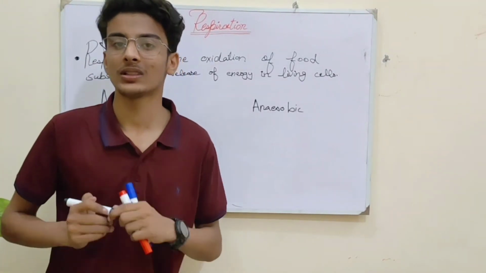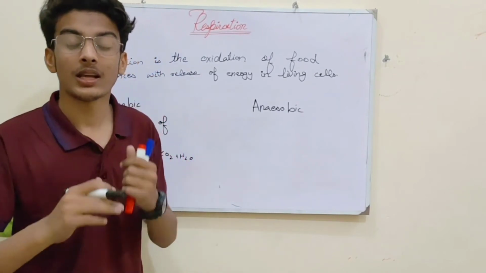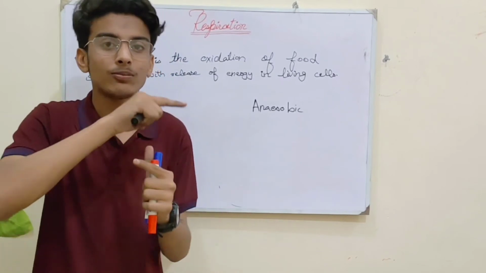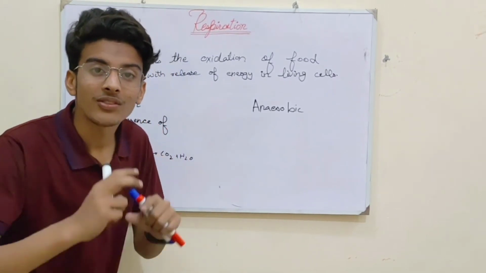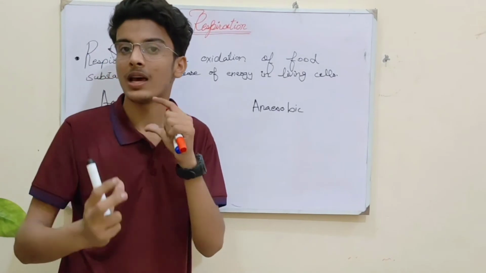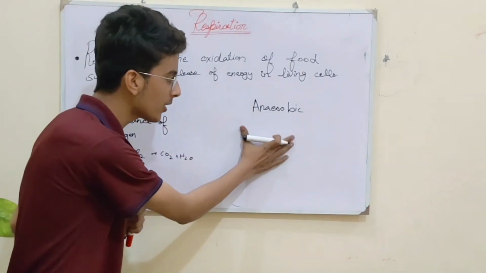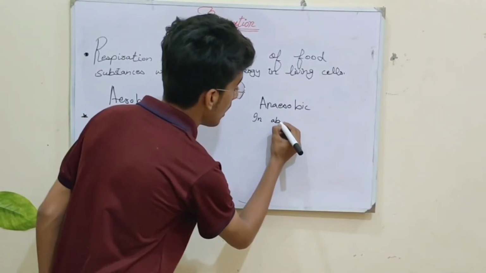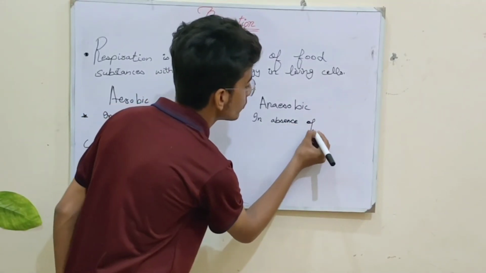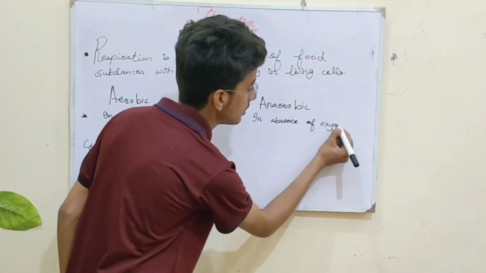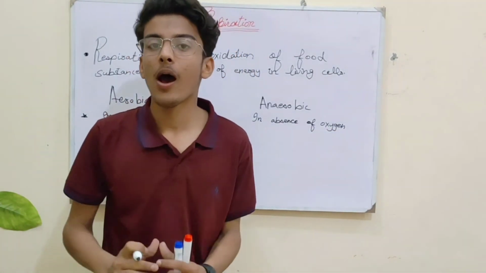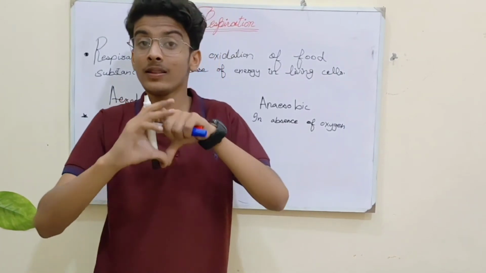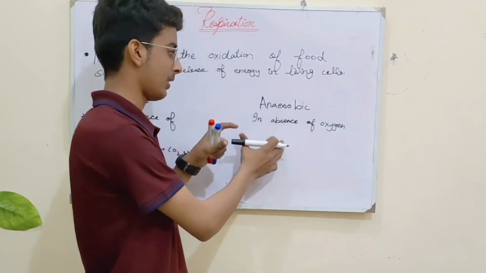And anaerobic respiration is the breakdown of food substances in the absence of oxygen with release of less energy comparatively than aerobic respiration. When there is no oxygen, the respiration occurring would be anaerobic.